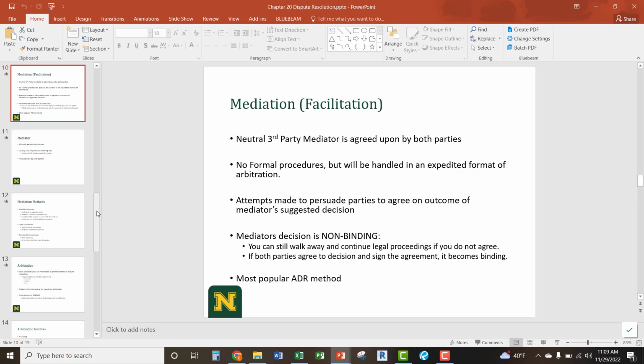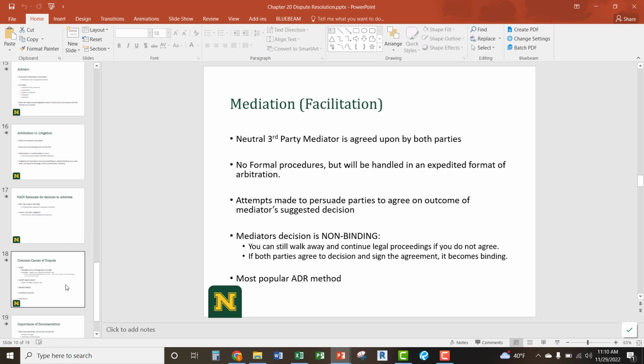It's kind of the same thing with mediation, except mediators, since it's non-binding, might have a little better look at it. But the problem you run into with mediation is the company who's on the losing end will say, I don't agree to that, so they go to arbitration anyways. So just a couple things to be aware of, but that's the general idea of the process and how it works.